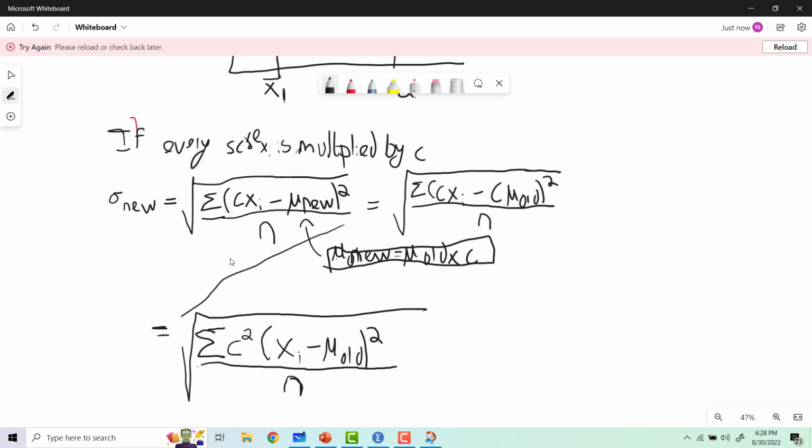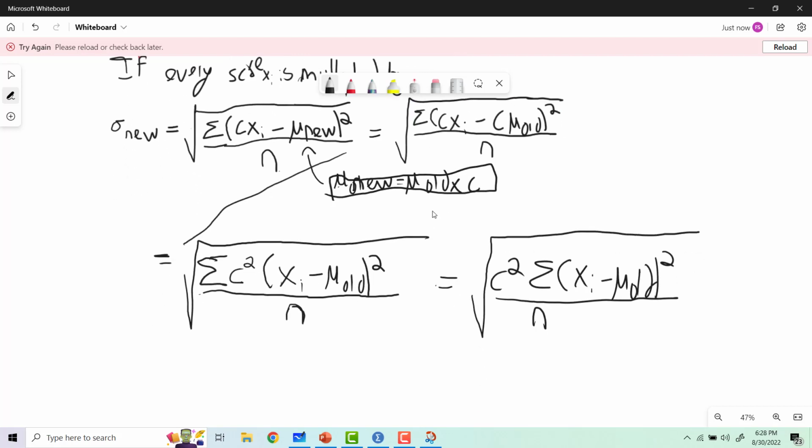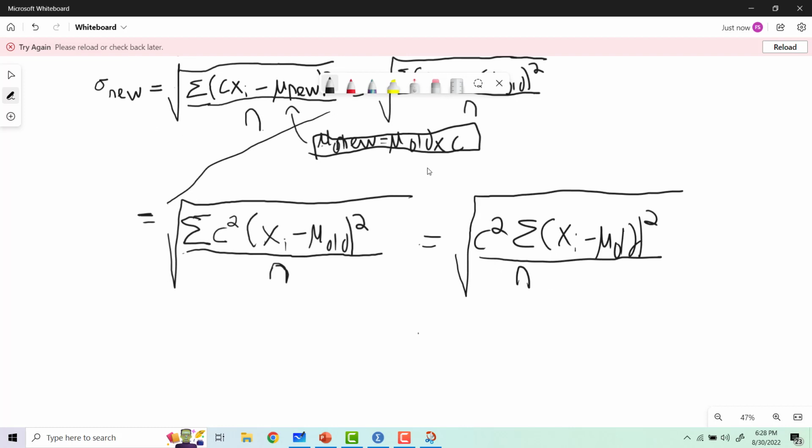And now we can even take it out of the sum, because again, it's just a constant. So we're just moving these c's backwards. So it's c squared times sigma, and the square root of c squared is going to be c.